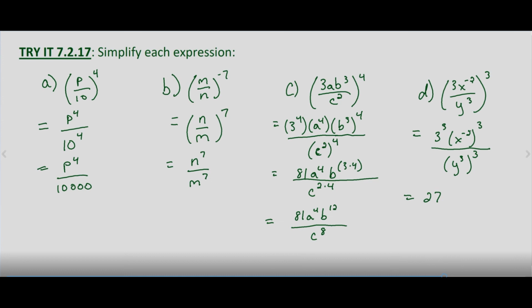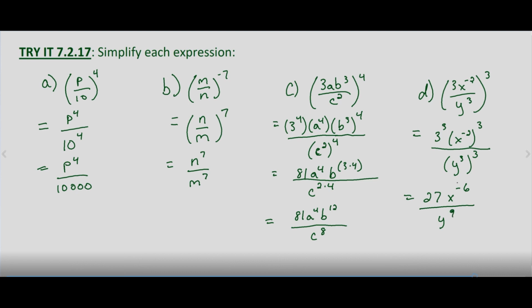X to the negative 2 cubed, we multiply the exponents because it's a power to a power, so that's x to the negative 6, all over y cubed cubed, a power to a power, so we multiply the exponents, that's y to the 9th.